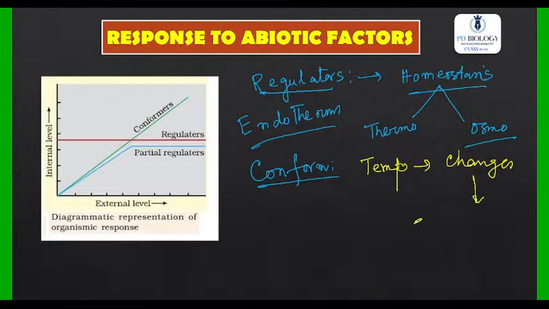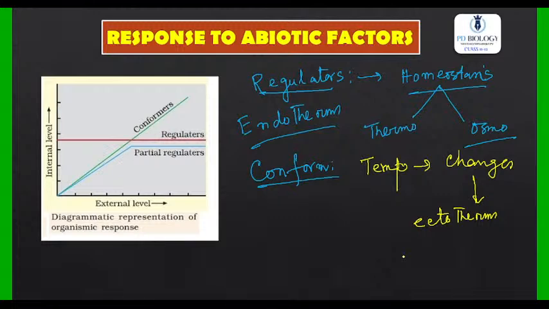They are called ectotherms. In aquatic animals, the osmotic concentration of body fluid changes according to the osmotic concentration of the surrounding water. Asterias rubens are conformers.